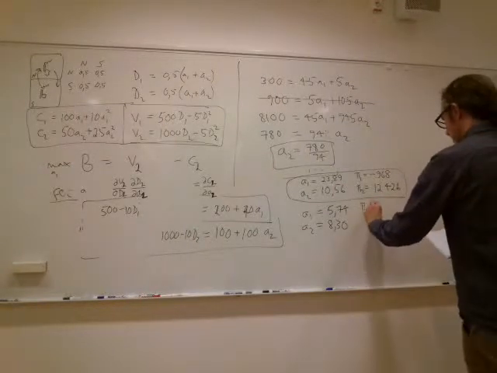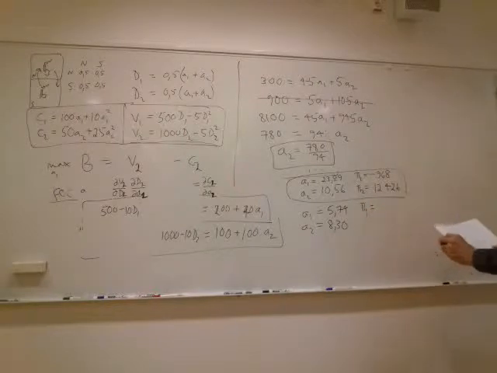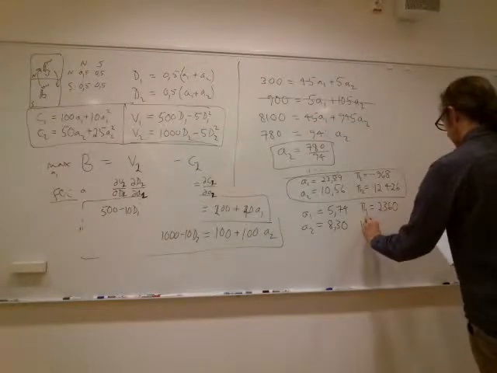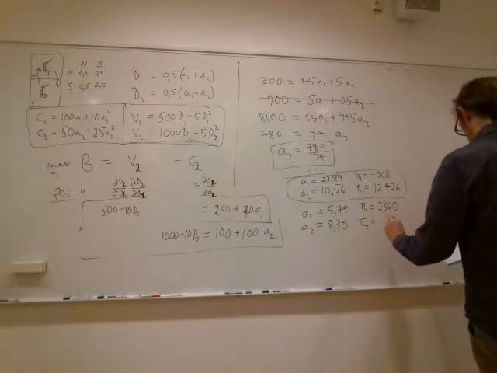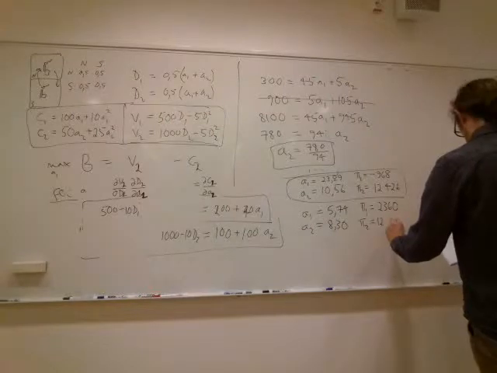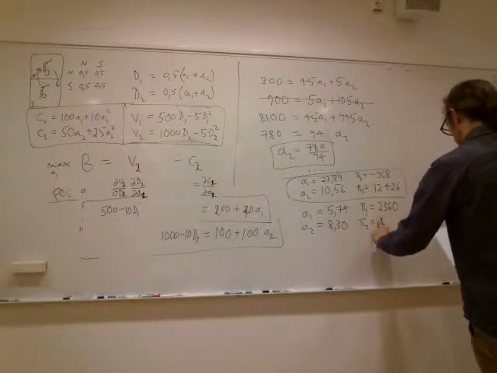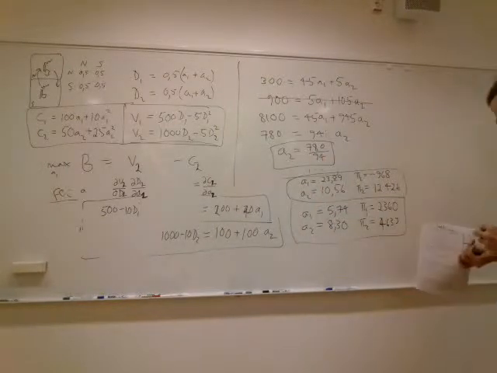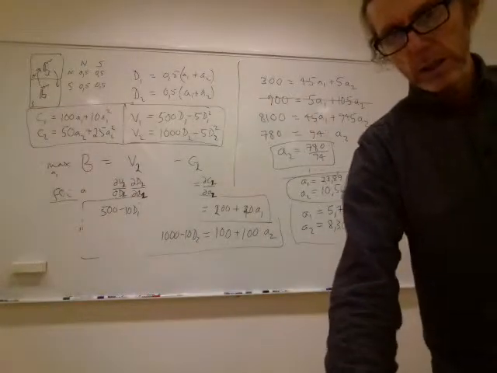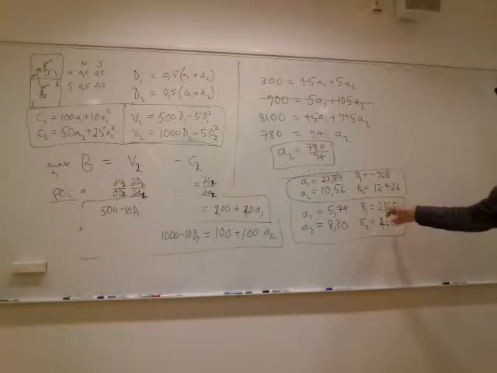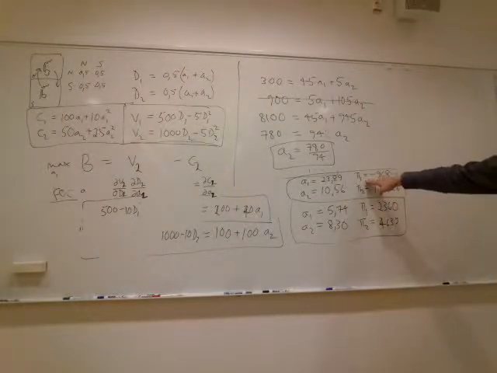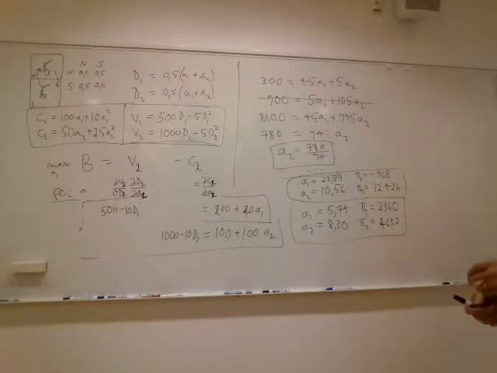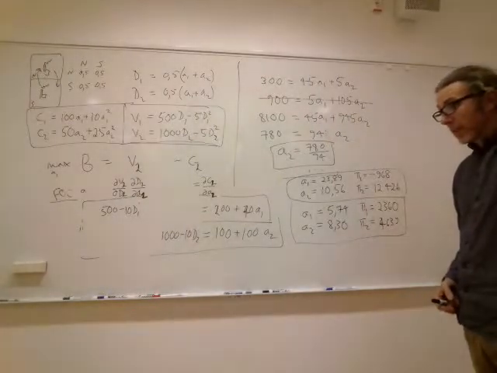And we get pi 1 is 2360, pi 2 is 4639. So clearly here, country 1 is not keen on a cooperative solution unless there are like side payments or whatever.